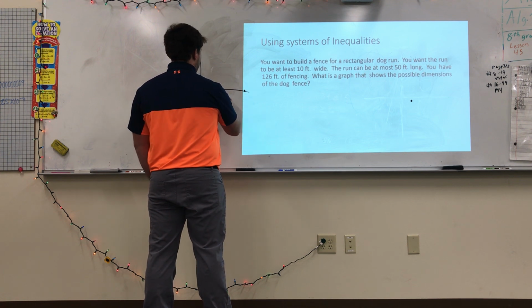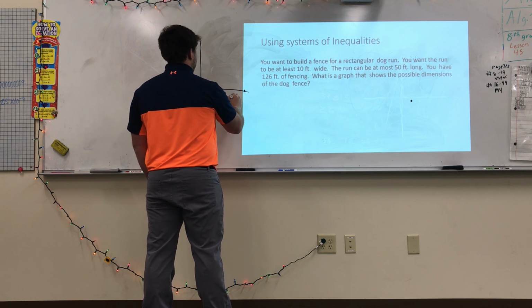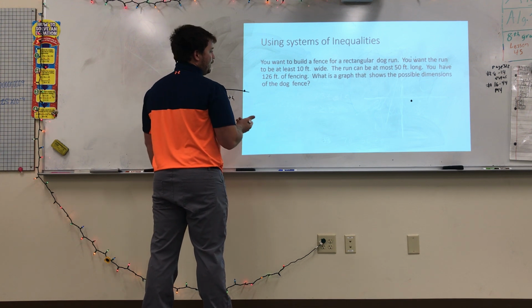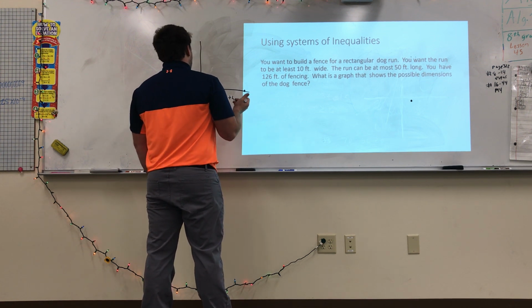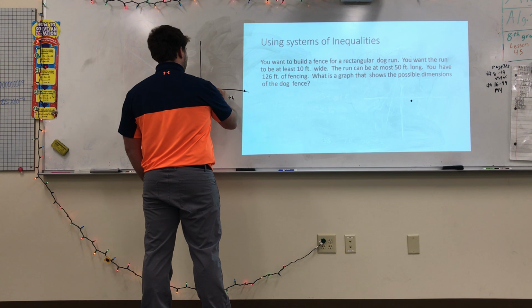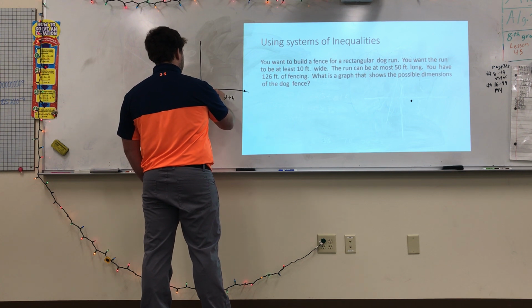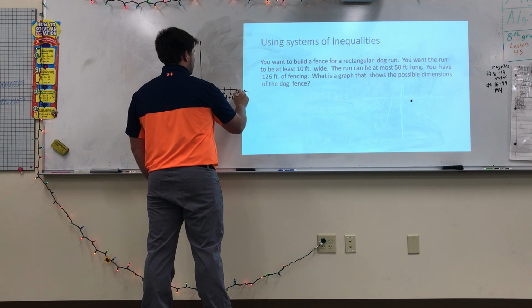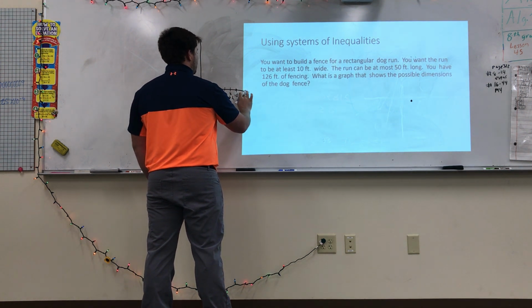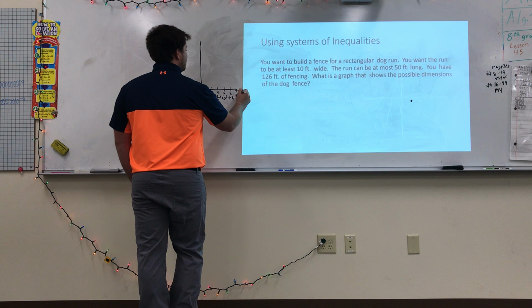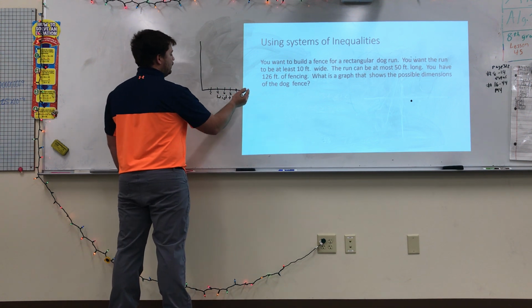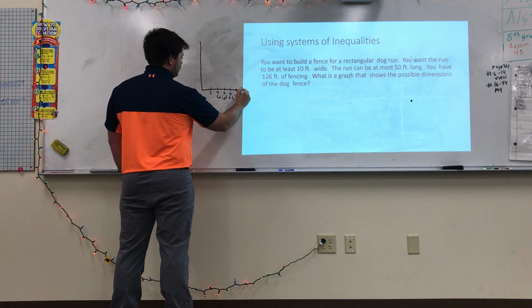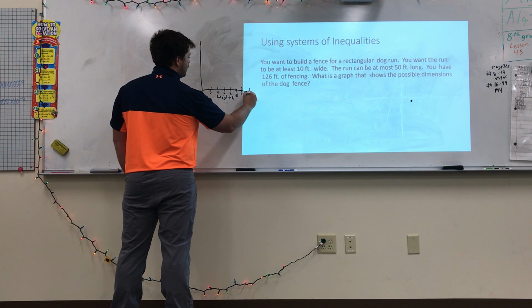Okay? Okay, I'm just thinking of graphing this right off the bat. Alright, so that would have to be, let's go 2, 4, 6, 8, 10. So we're right here. Alright, so my width is 10, and it could be larger than this. Alright, let's go 12, 14.